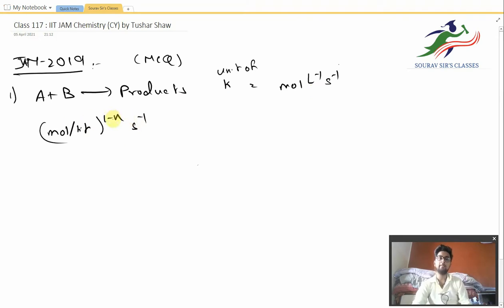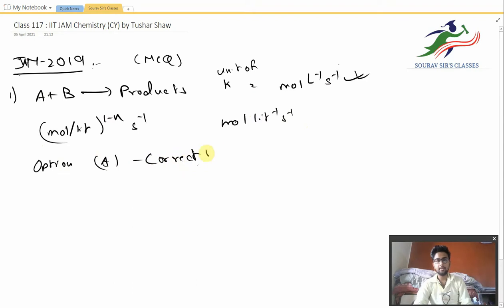If the reaction is zero order, then we'll be getting mole per liter second inverse, or we may write it as mole liter inverse second inverse, which is obviously what we have here. So the reaction is zero order. Option A says 0, so option A is the correct option.